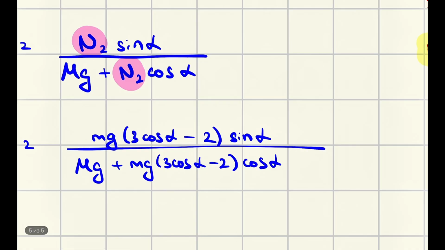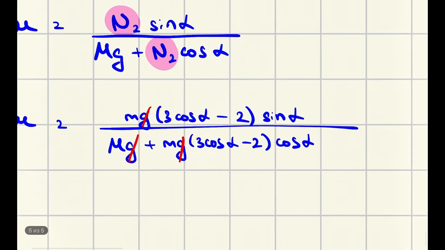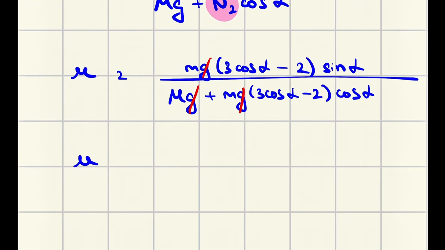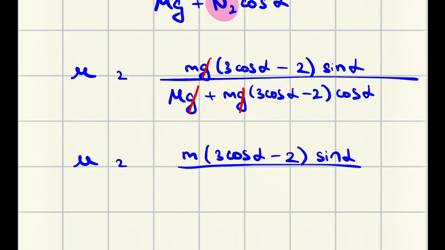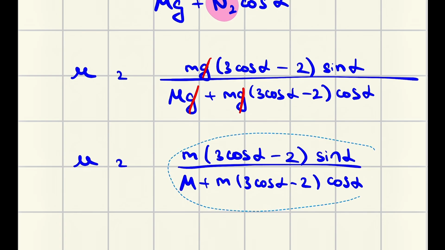We can just take this g as a common factor outside, and if we take it, we can just cancel these things. So our final result will probably be this thing, m 3 cosine alpha minus 2 sine alpha, and here we have huge M plus small m 3 cosine alpha minus 2 cosine alpha. Yeah, I guess this is the correct answer.